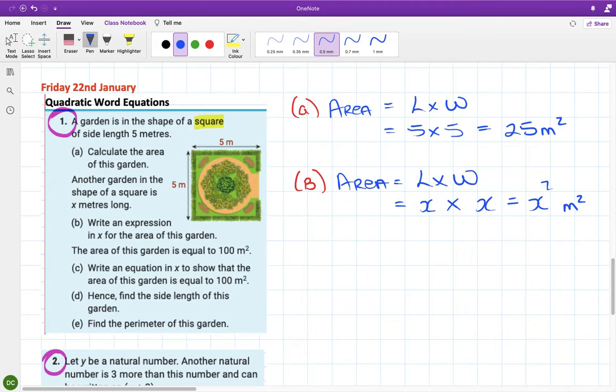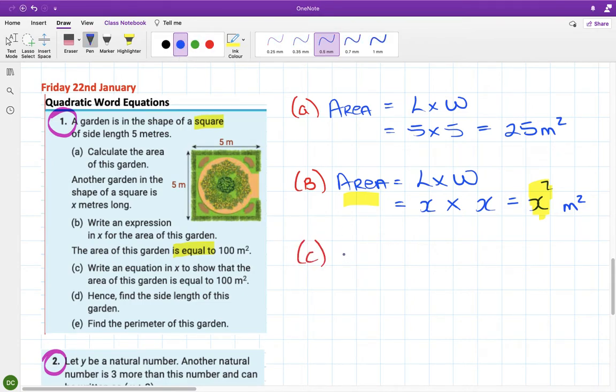The area of this garden is equal to 100 meters. Okay, it actually says is equal to, so they're asking us to write an equation. That is easy enough.